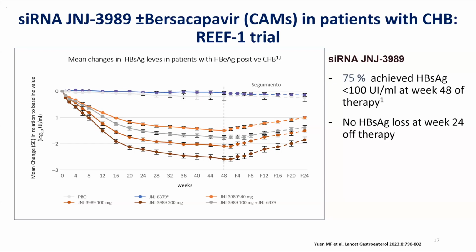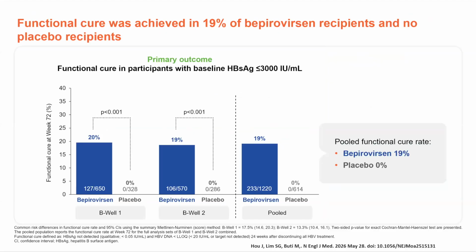The majority of patients, 75%, achieve HBsAg levels below 100 at week 48 of treatment, but none of these patients lost HBsAg at the end of treatment and off treatment, and there is a rebound in HBsAg levels. The second important study, as Professor Lim has shown, is with an antisense oligonucleotide.